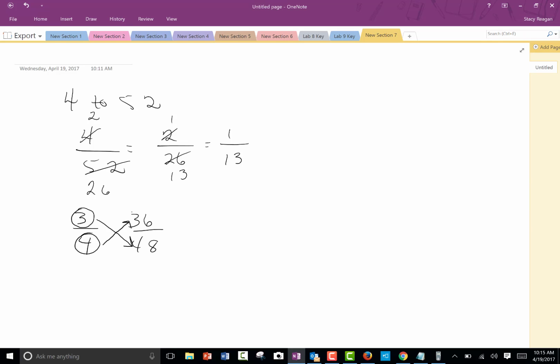And if those two things come out equal, then it is a proportion. So we're going to take 3 times 48, and we get 144. And we're going to take 4 times 36, and we get 144. So yes, it is a proportion.